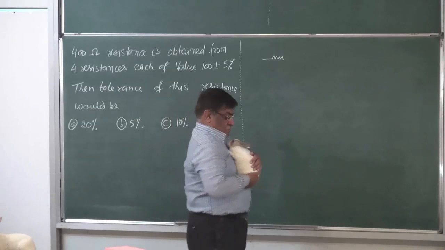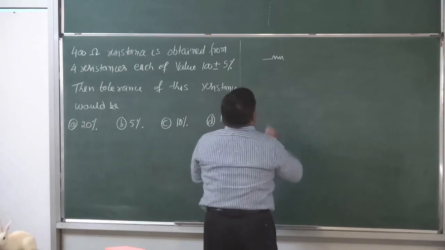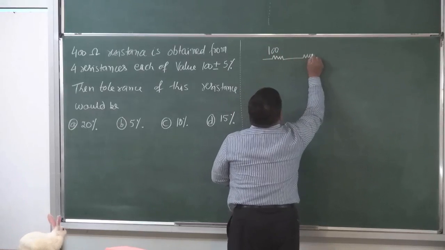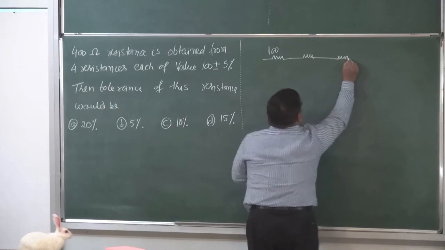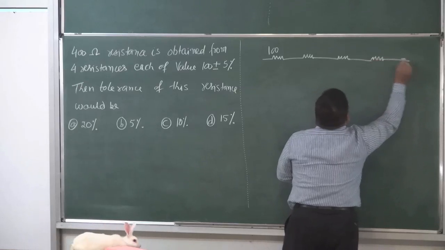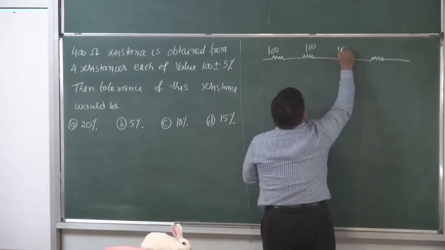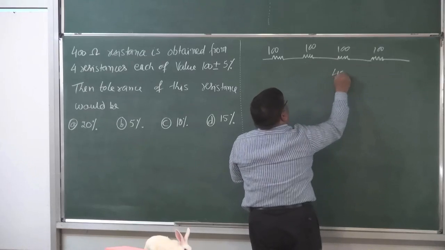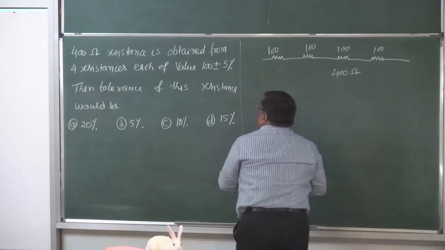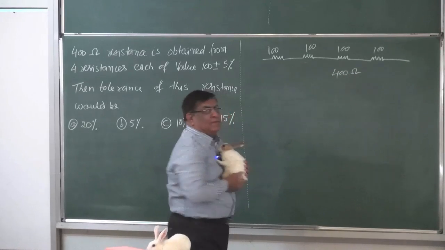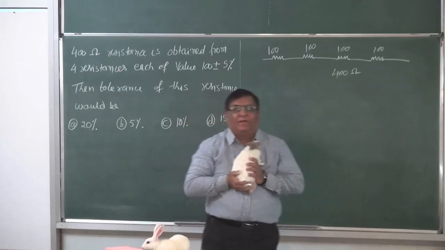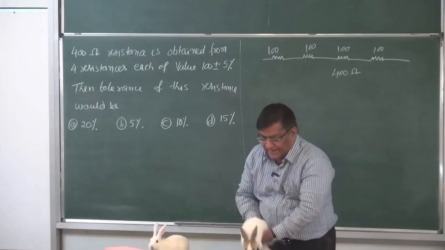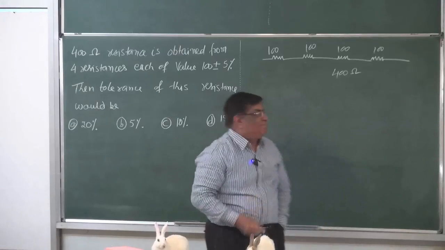Okay, this will become 400. But the question is, how much is the tolerance? Because each of them is not exactly 100. It is 100 plus minus 5%.